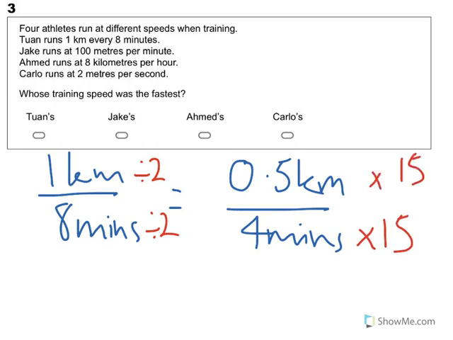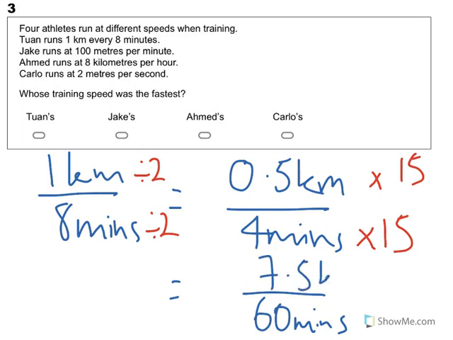And I can do the top by 15. So we know that the bottom is now 60 minutes. And the top, 0.5 times 15, or half of 15, that is 7.5 kilometers. So in other words, the first one is 7.5 kilometers per hour.